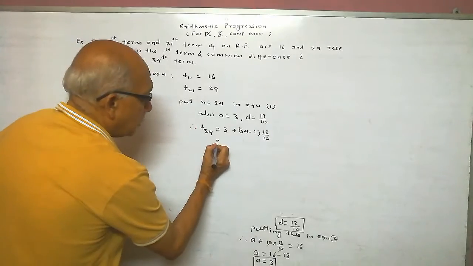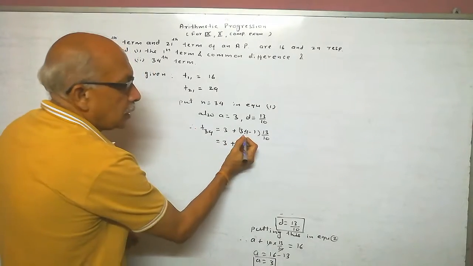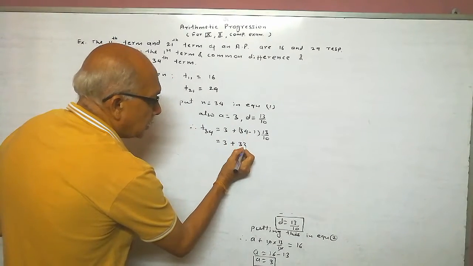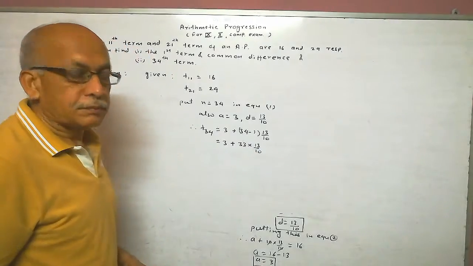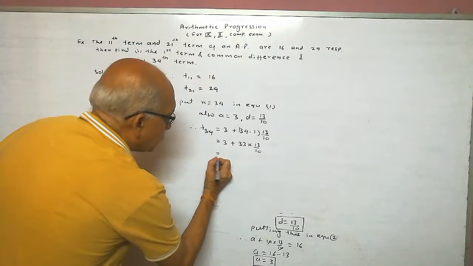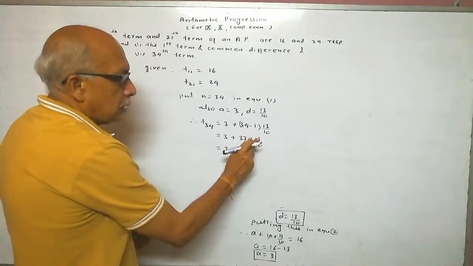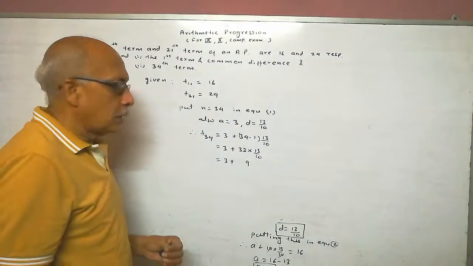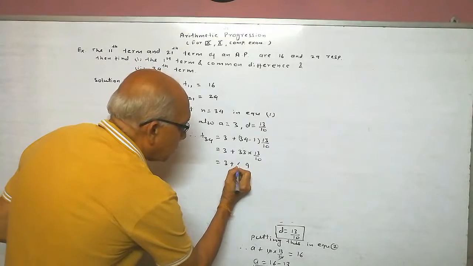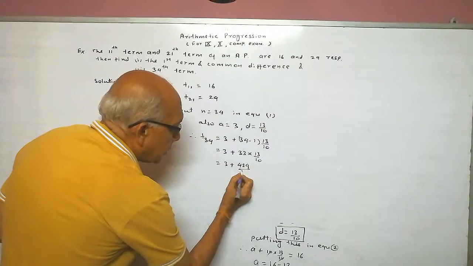Simplify. So it will be 3 as it is plus 33 into 13 upon 10. Simplify: 13 times 33 is 429, divided by 10, that is 42.9.